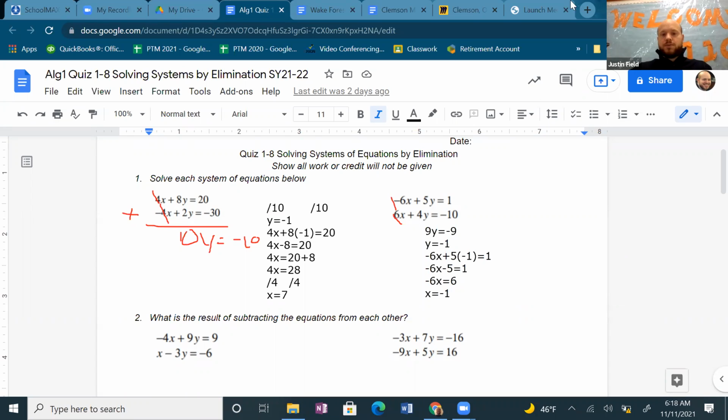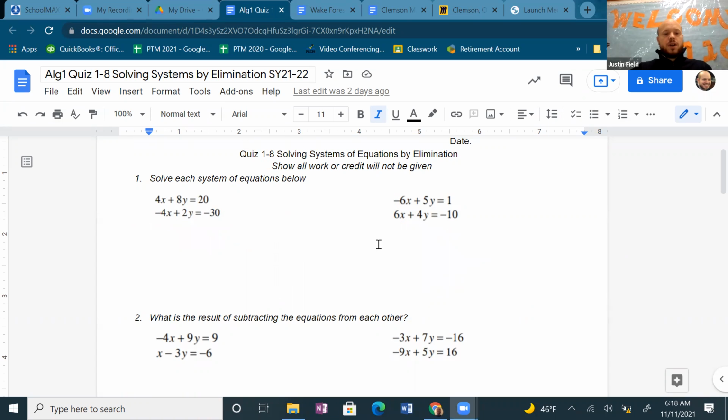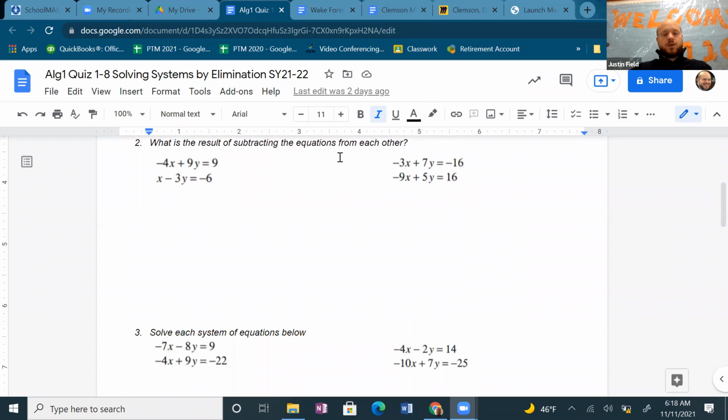Now, let's go on. Now this says, what is the result of subtracting the equations from each other? So I'm going to write it like this. So negative 4x minus x, right? 9y minus negative 3y, and 9 minus negative 6.